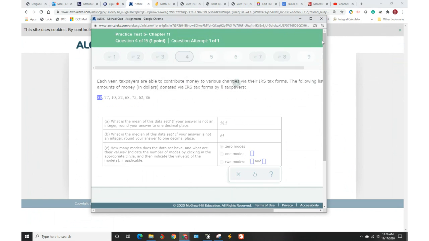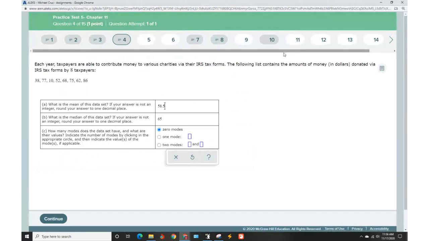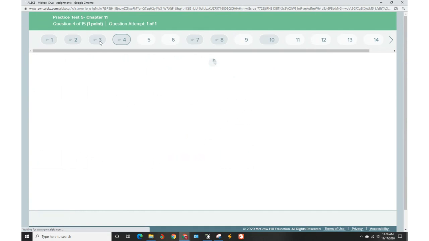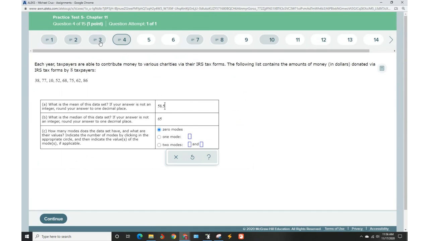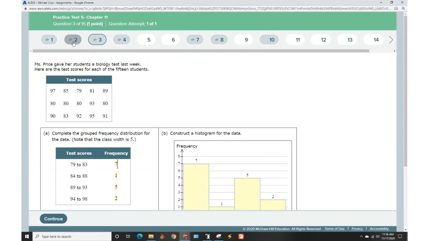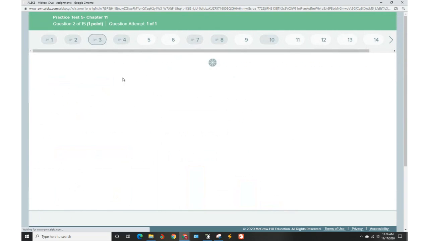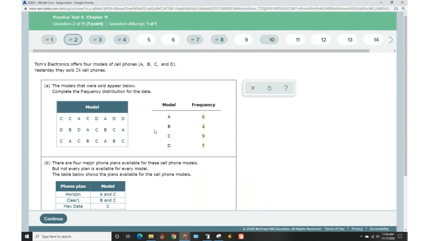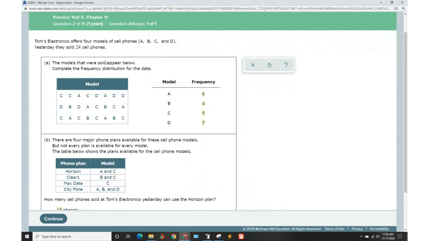So, Mr. Cruz, when would it be 1 mode or 2 modes? Well, let's go back over to here. This one I was telling you about. No, it must have been the first one.